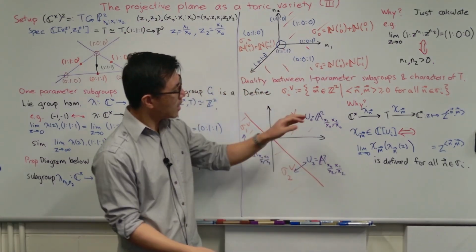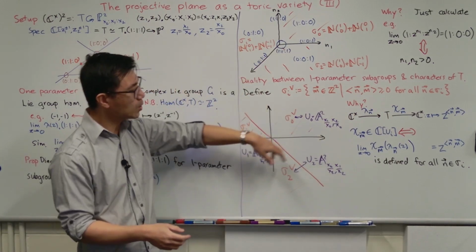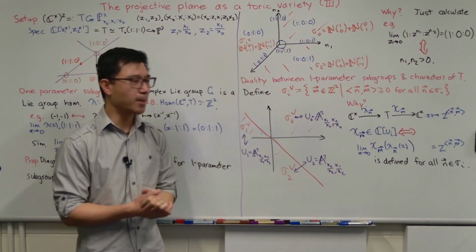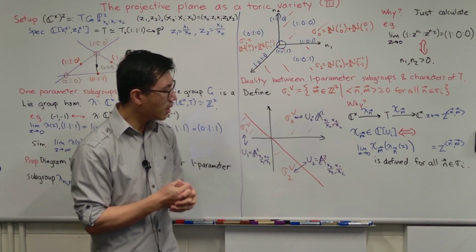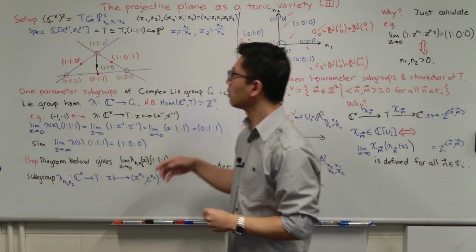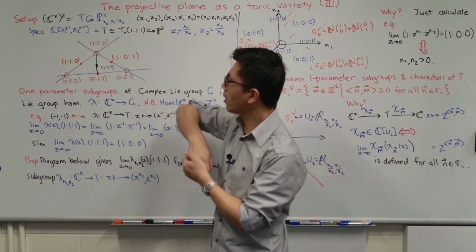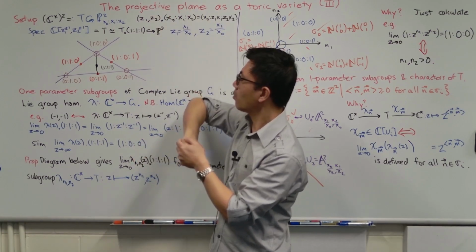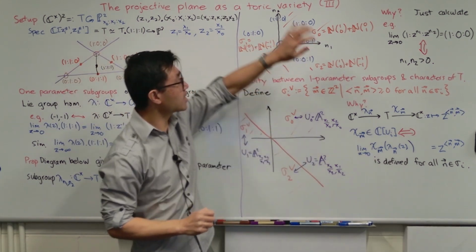So let's use this duality now to explain why you actually get these affine patches, and that depends on the way I defined what these affine patches were. The way I introduced this projective plane as a toric variety is to say that we'll look at these zero-dimensional orbits, and now we know how to access them using this picture here.